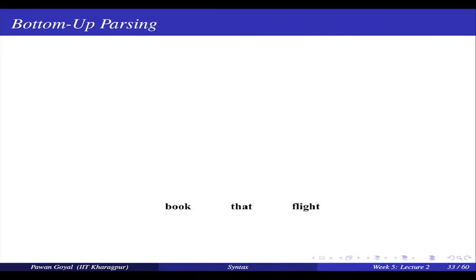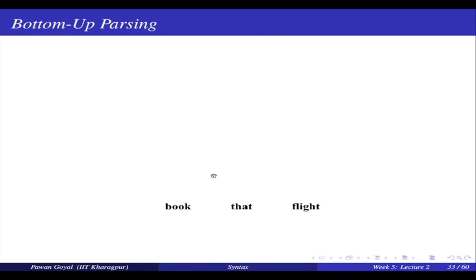I have the sentence book that flight. I will start by seeing what nodes in my grammar can generate this. I start with book, and the first rule that derives book is noun. Then I go up to noun and say nominal gives me noun, fine, and nominal can give me nominal followed by a noun.